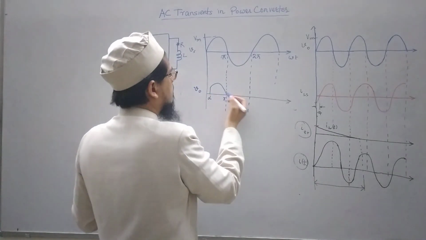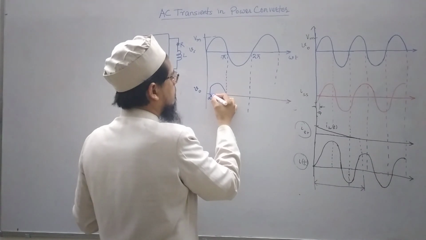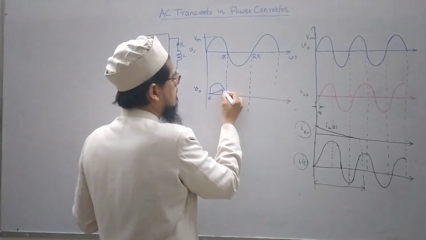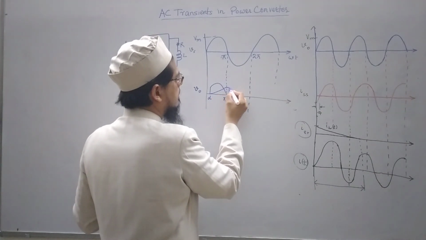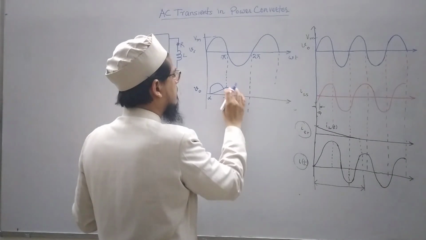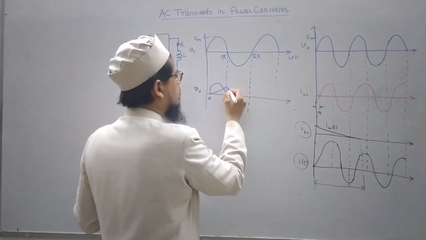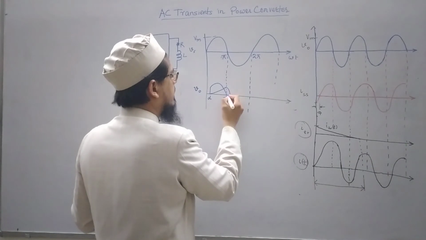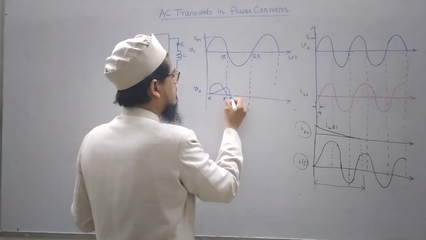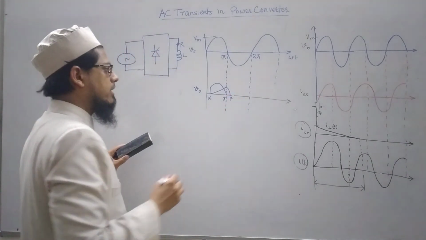So what about the current? Now the current would be increasing like this, and say it goes down to this point, and say this is a point beta.